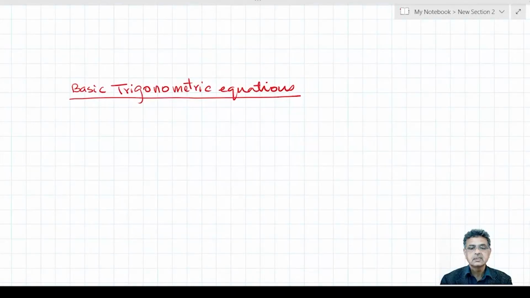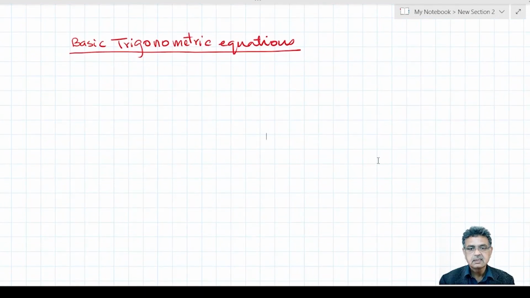So it does not depend on what angle it is, but we have to convert every ratio into the quadrant, and then we will decide whether it is positive or negative or what angle is there. So these are the basic concepts which we require.